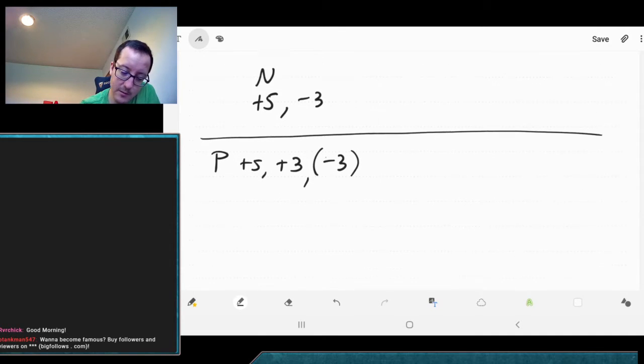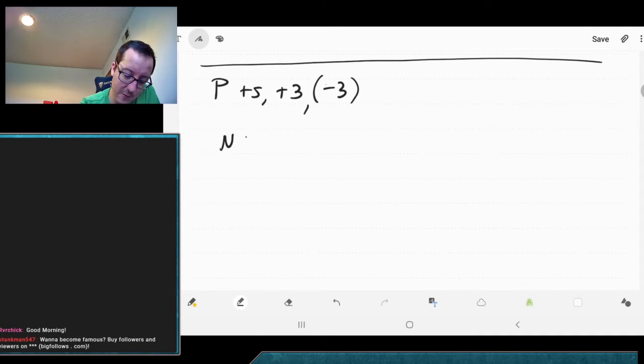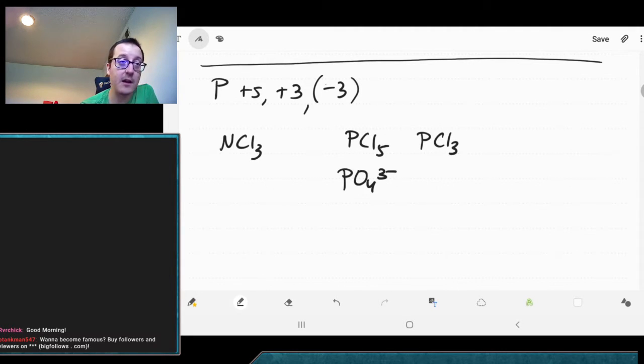We see that while nitrogen can form the trichloride only, phosphorus can form the pentachloride or the trichloride with its expanded octet. So nitrogen cannot expand its octet, but phosphorus can.